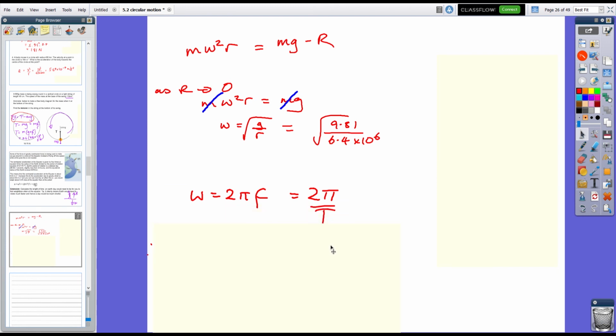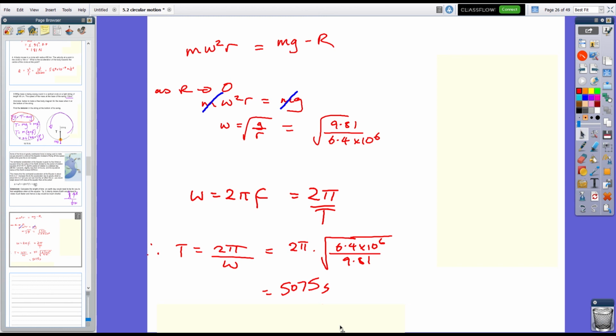Let's take it one step further. Omega equals 2 pi f, which equals 2 pi over T. So T equals 2 pi over omega. Omega is root g over r, so that's going to be 2 pi root r over g.